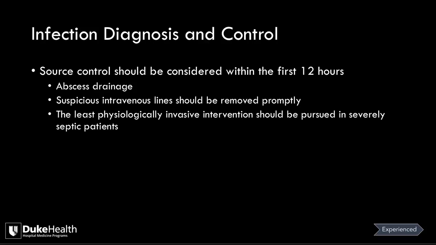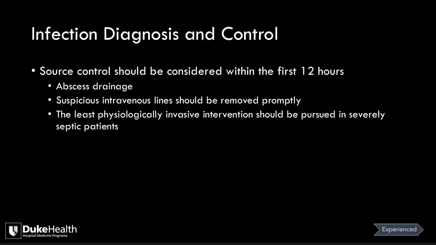Finally, source control should be considered within the first 12 hours. So if a patient has an abdominal abscess based on CT, you should probably drain it sooner rather than later. With suspicious intravenous lines, if a patient comes in with MRSA bacteremia and has a port, then you should probably get that removed as soon as possible.